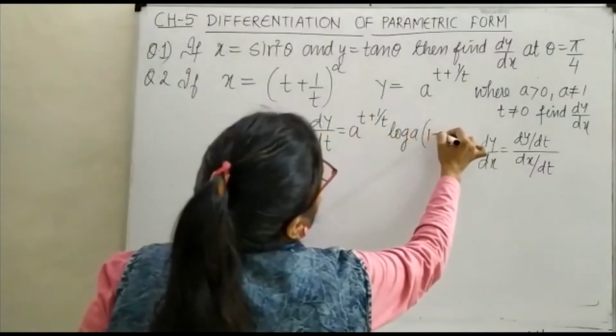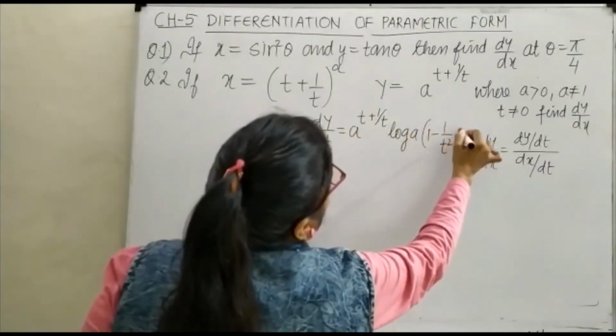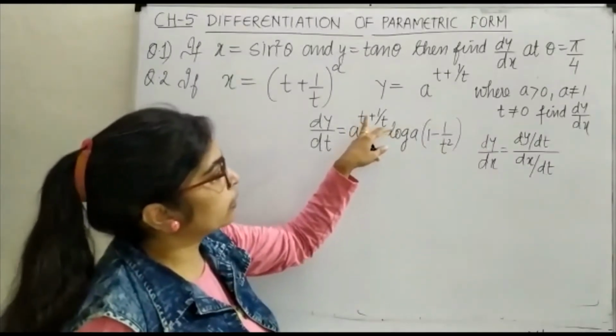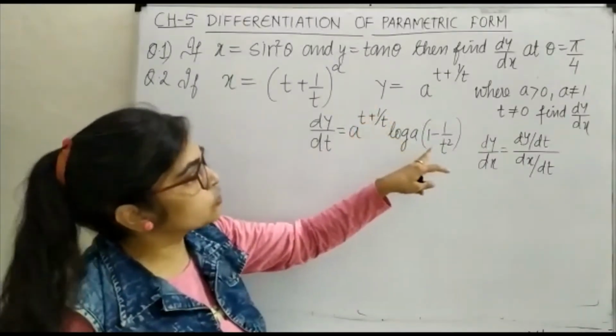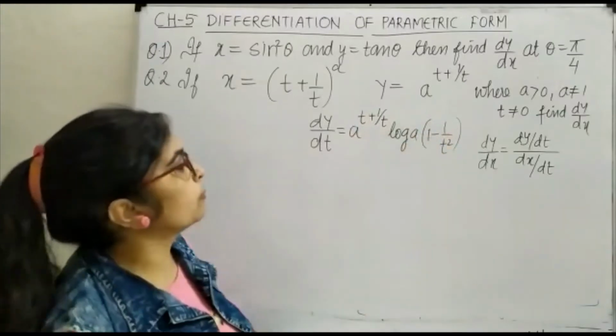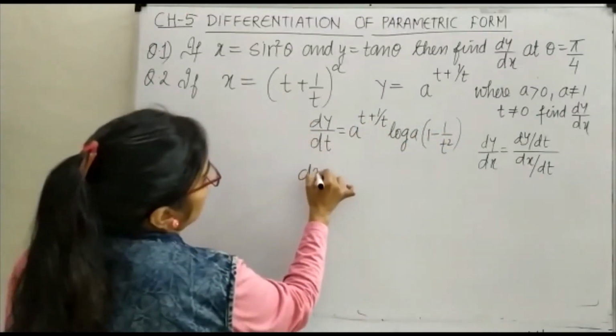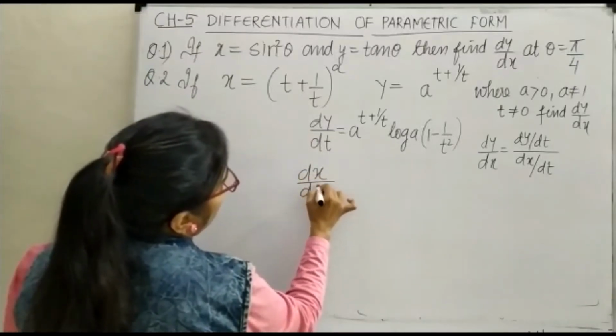This will become 1 minus 1 upon t square. Differentiation of t with respect to t is 1, and of 1 upon t, by the division rule, it will become minus 1 upon t square.